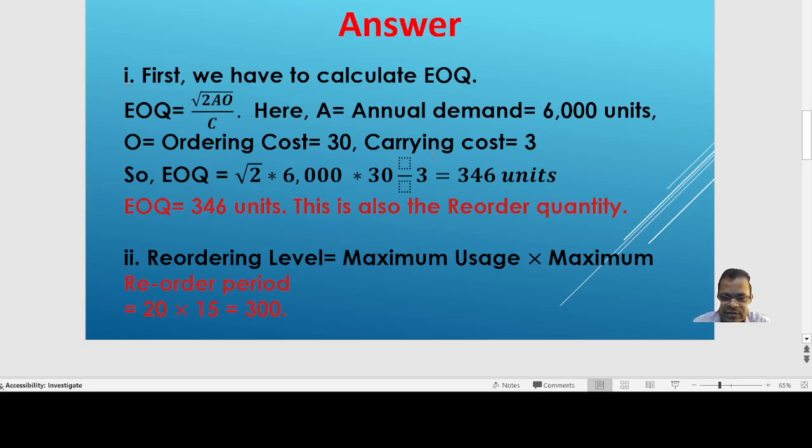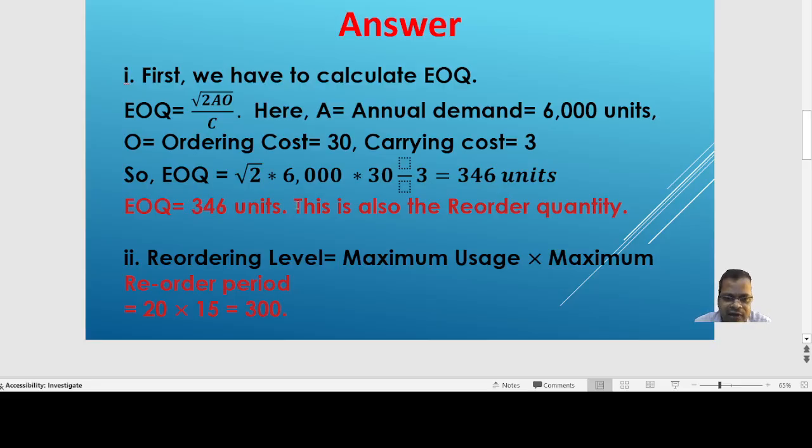I have already explained this. So EOQ is the square root of 6,000 into 30, whole divided by 3. If we do it, it will come to 346.4 or 5. We can round it to 346 units. So the answer to the first question, what is the EOQ level, is 346 units.